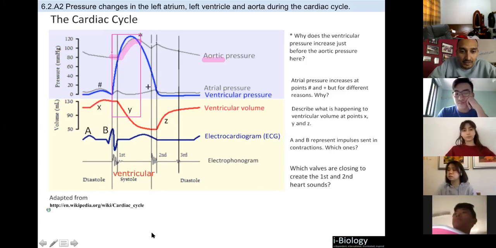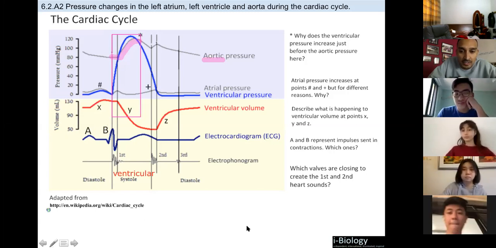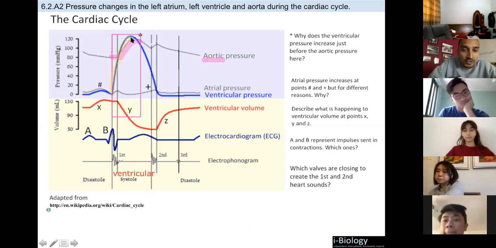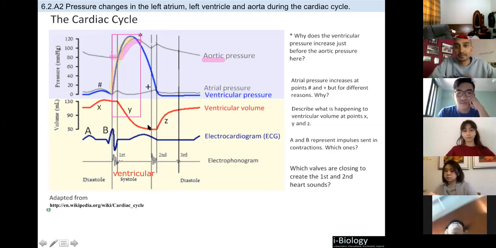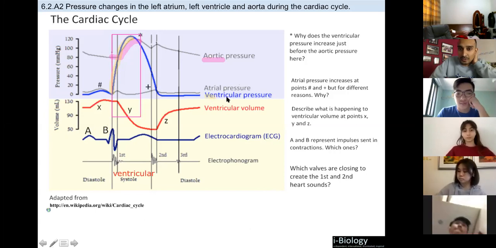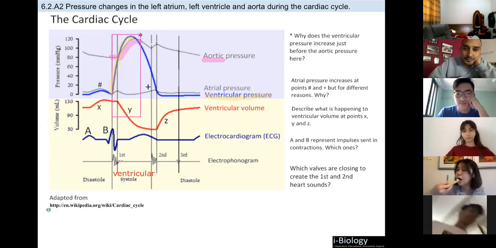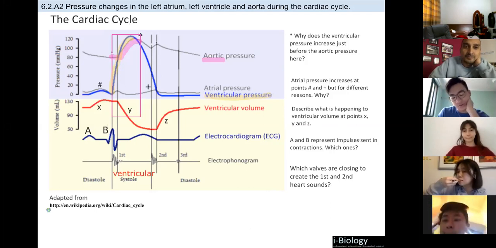Okay, next. Can someone try to tell us why does this blue line have this extraordinary spike? The ventricular pressure. The heart squeezing. Daniel, give it a shot. The heart is squeezing, pumping. Yeah, can we use the terms?